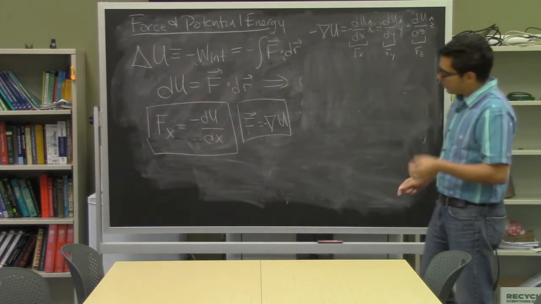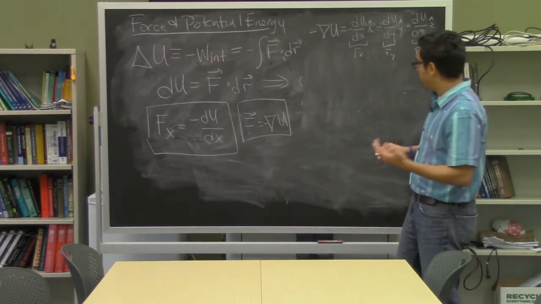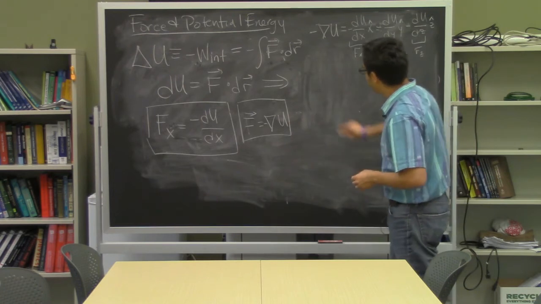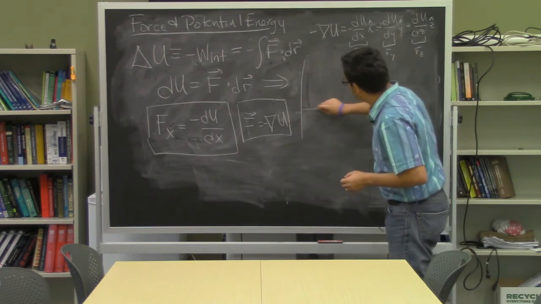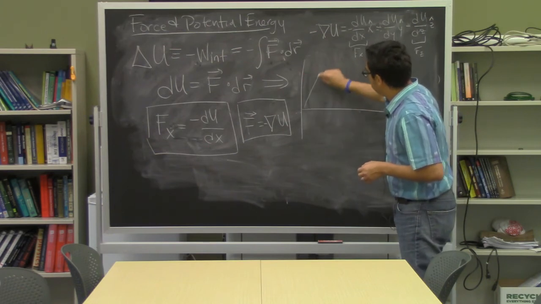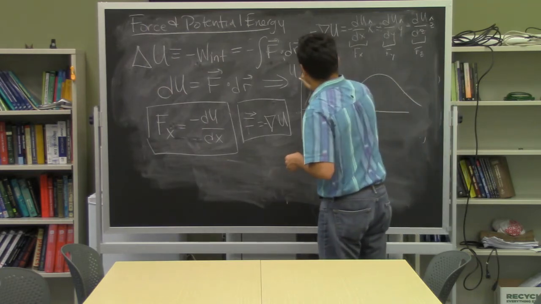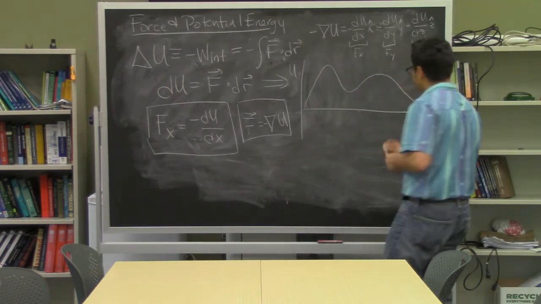So this is actually a really useful way of thinking about the potential energy, particularly when you have a graph of the potential energy. For example, let's take the situation where we have some hill and we're mapping out the gravitational potential energy, and it kind of looks like that. So here's the potential energy as a function of distance.